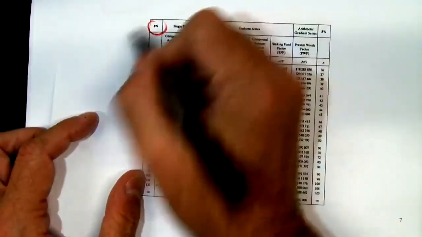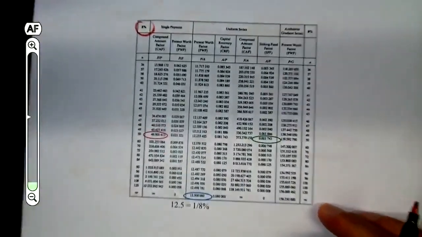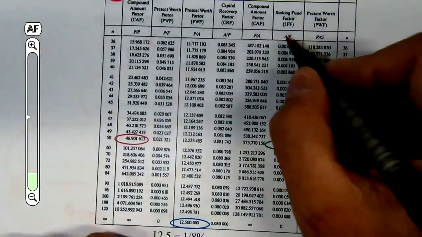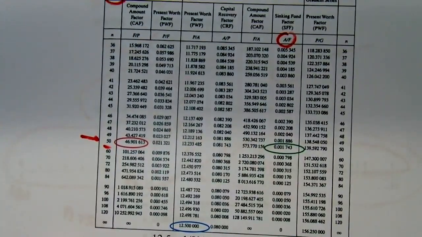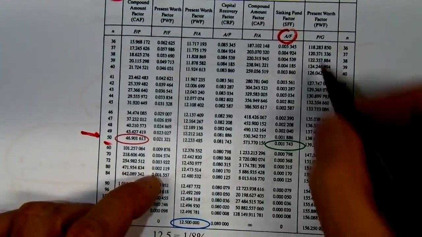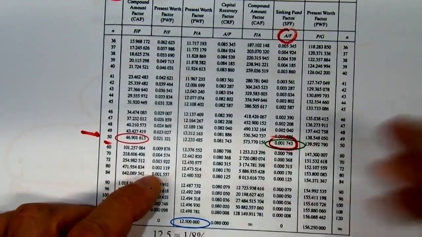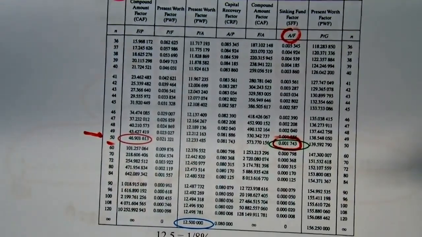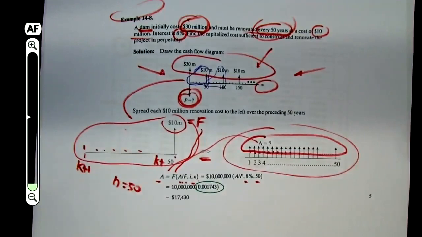You go into the 8% page, you look at the A given F column, and you look at the 50 row, and you focus on this factor, which is what you need to use in the equivalence that I just showed.